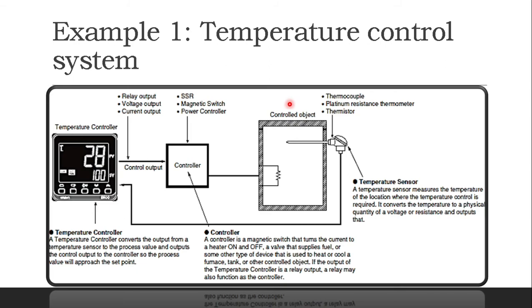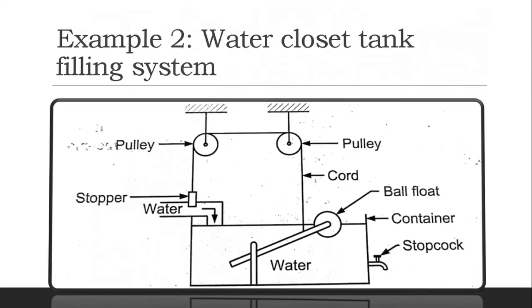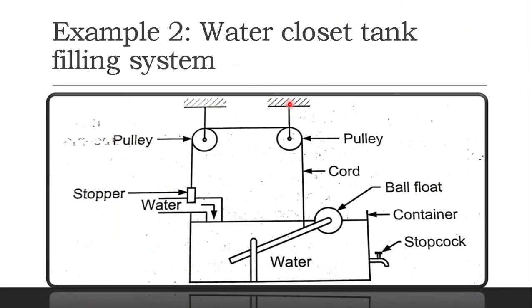Let us take another example of a water closet tank filling system. This is the simplest example that you can easily understand. Here you can see the schematic diagram which illustrates the principle of an ordinary water closet tank filling system.